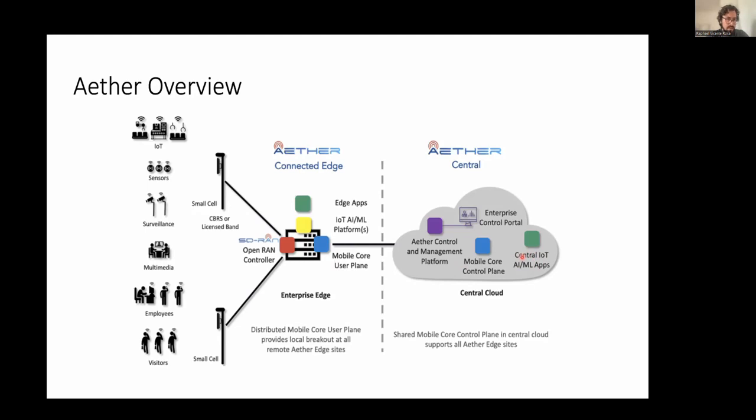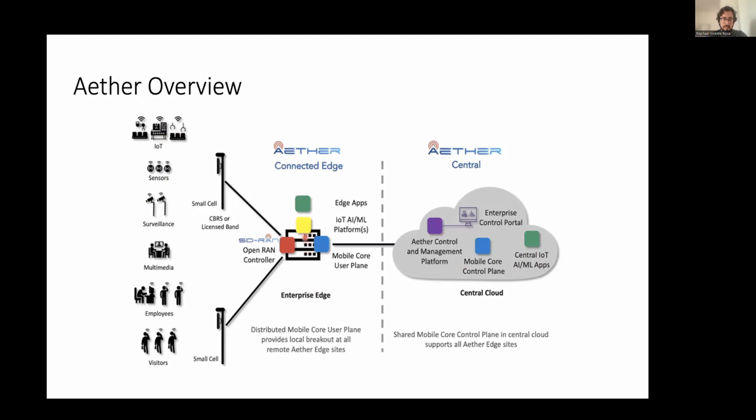To provide examples here, think for instance that you have cameras or IoT devices that are connected to a 5G network, let's say through an O-RAN compliant radio access network component controlled by the SD-RAN project. In that case, the connectivity at the edge is provided by the SD-Core user plane.